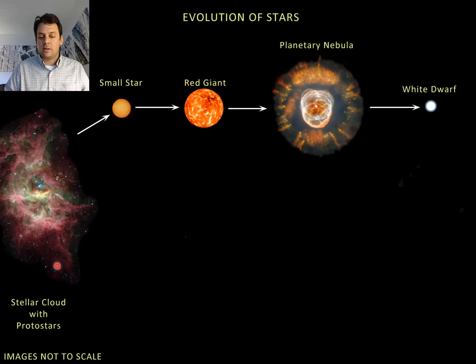A giant molecular cloud in the interstellar medium, gravity begins to condense the cloud into little clumps, and those clumps are known as protostars, which eventually, if they become hot enough in their cores, evolve into true stars. 97% of those are low-mass stars, and a low-mass star sits on the main sequence for a while, eventually turns into a red giant, and then gives off half of its mass or so in the form of a planetary nebula and leaves a remnant of a white dwarf.